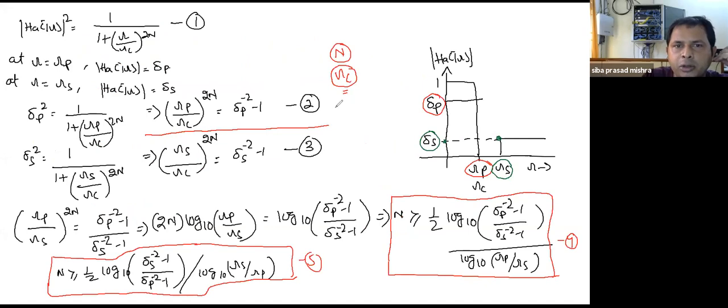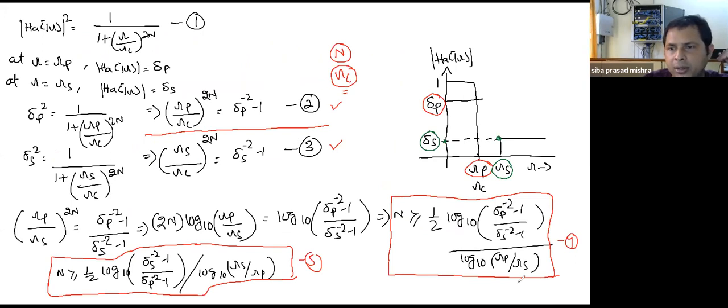Simple. You use either equation 2 or equation 3. If you use equation 2 or equation 3, you will get the value of omega c. You use any one to get the omega c value.